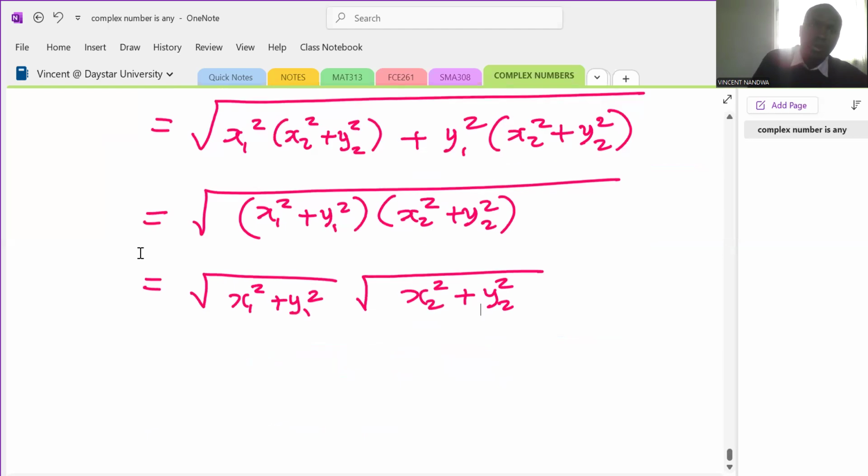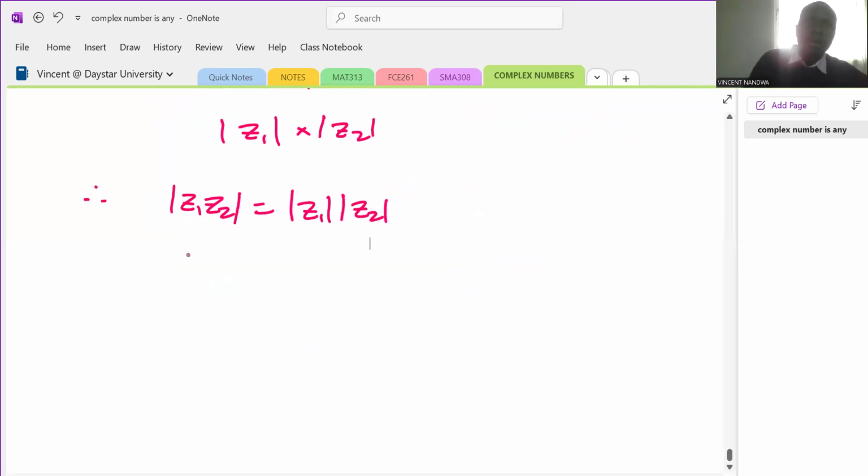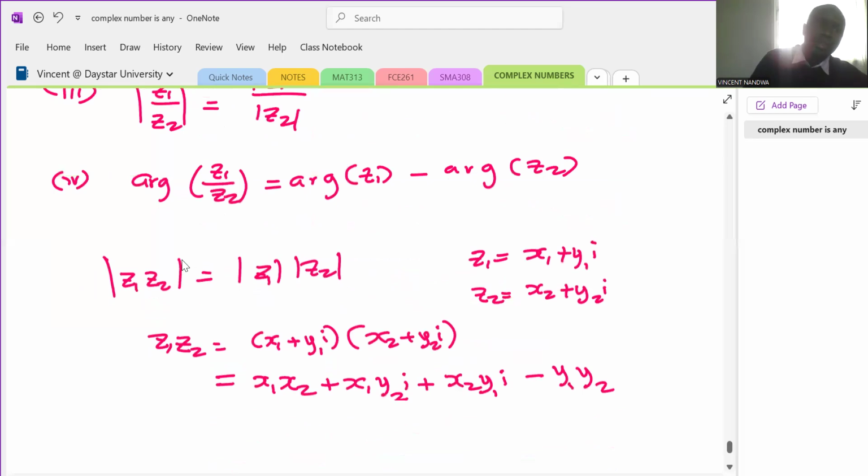And you see the first square root is simply the definition of modulus of Z1, and this other one is the definition of modulus of Z2. So therefore, modulus of Z1 times Z2 is the same as modulus of Z1 times modulus of Z2. So this is a quick proof of the first result.